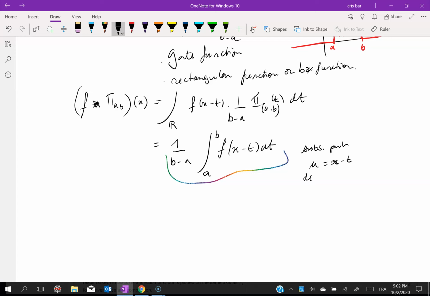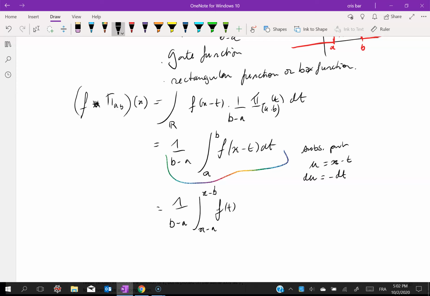So I've got that du is minus dt. If I plug in that substitution, I still have 1 over b minus a times the integral. When t is equal to a, u is equal to x minus a, and when t is equal to b, u is equal to x minus b.